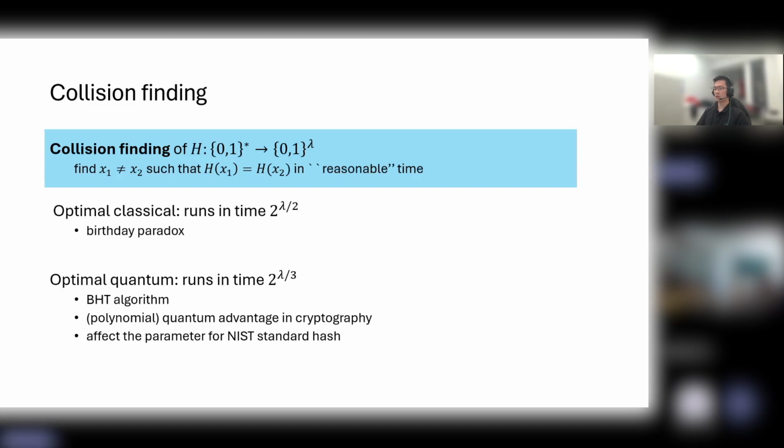So this is a quantum advantage, but it's not an exponential advantage. It's only a polynomial advantage if you think of the size of the image as a polynomial. And this advantage is important because it actually affects the parameters of crypto hash functions.